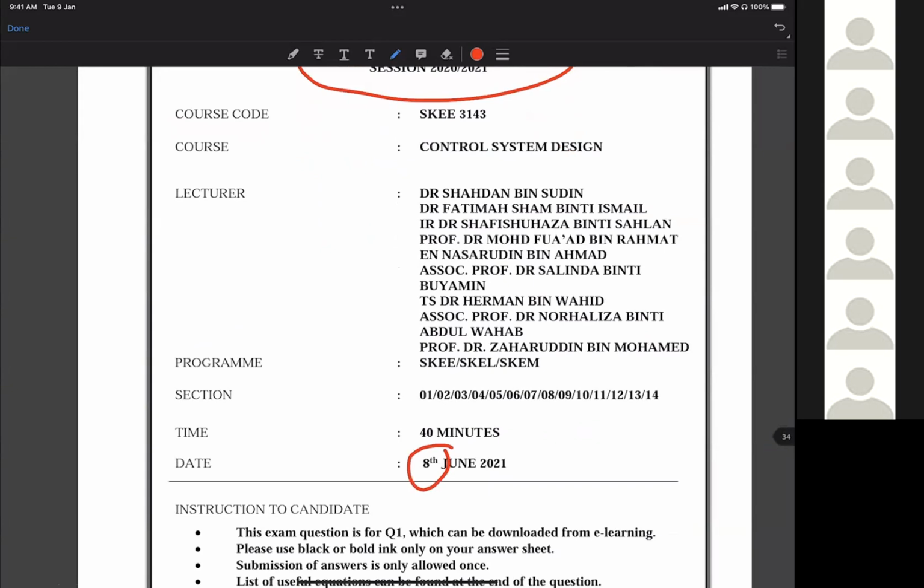Test 1 and test 2. That's why they have a delay. 8 of June 2021 after Raya. This is last session's paper and I was there. So we continue on Wednesday. InsyaAllah.